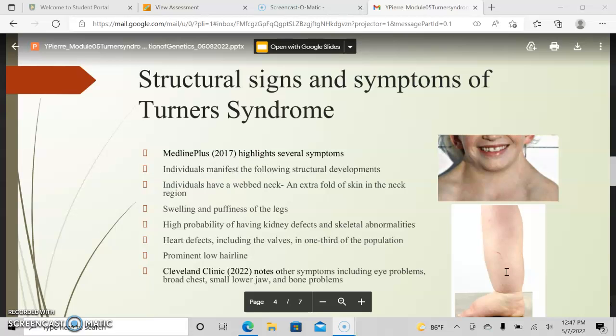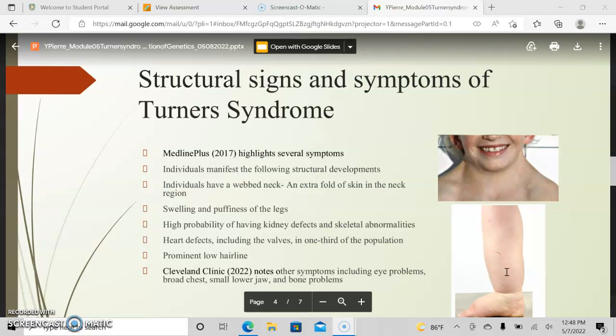Notably, they have a high probability of having kidney defects and skeletal abnormalities. Besides, a third of the individuals have heart defects, which involve valve damage.